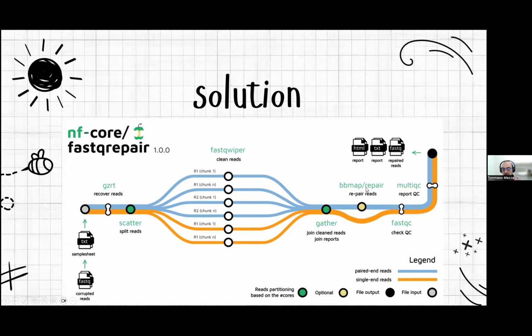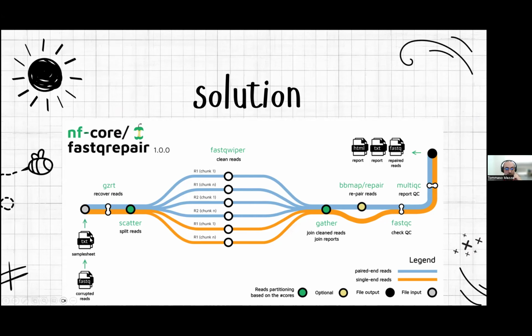On the contrary, BBMap repair can be decided to be skipped for paired end reads, because this step can cause the loss of many reads that are not paired. And the rest is mandatory, but it's very, very simple.